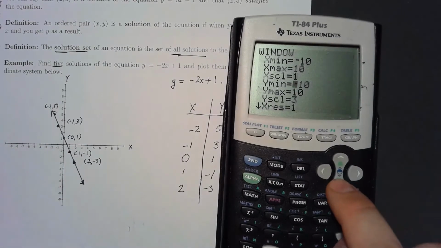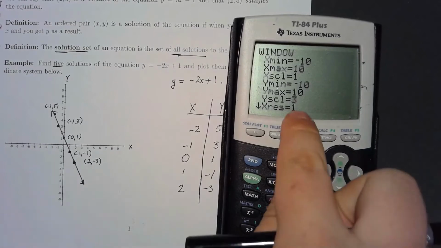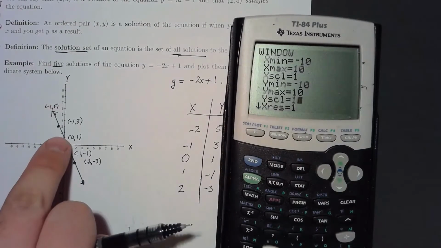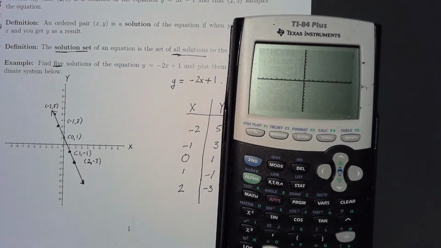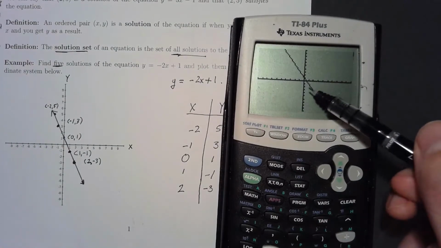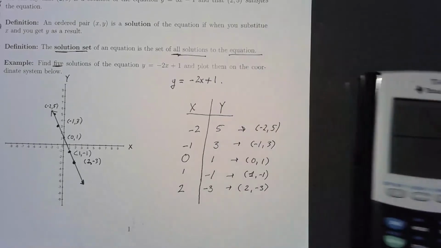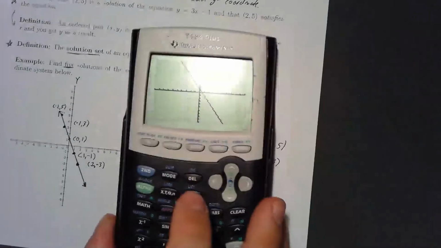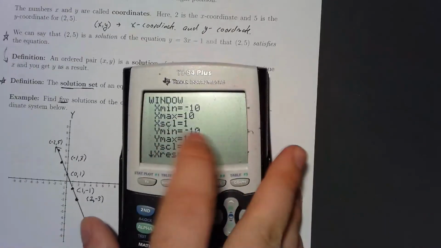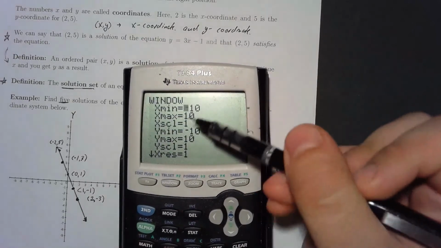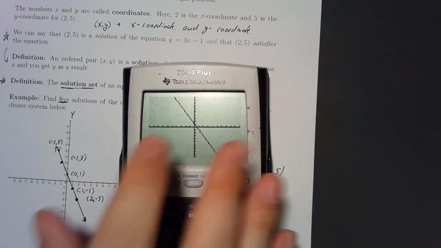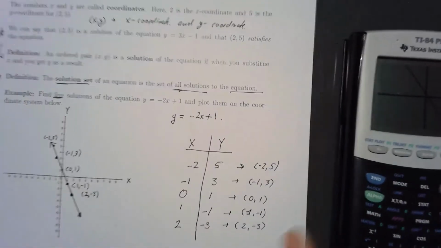To just make it the same as this, just change that to 1, because I go in increments of 1. Hit enter, and now when I graph it, it's going to graph it on the same axes that I have here. And that's my equation. So just a little tip for using your calculator. This window may adjust the view of your graph differently depending on what you have.